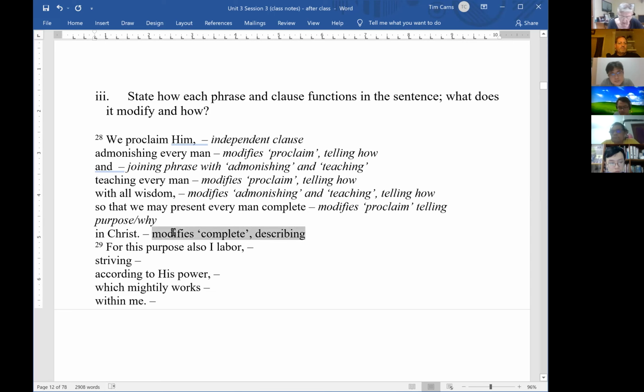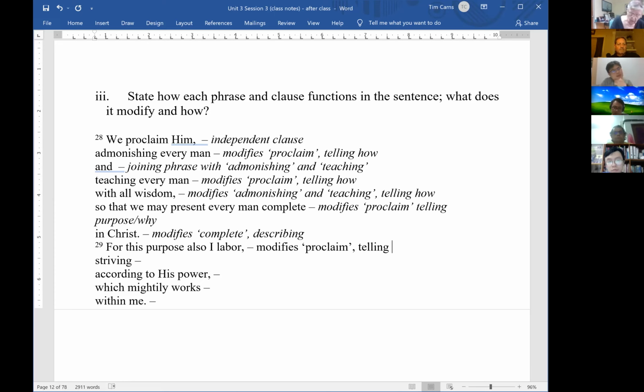Now, for this purpose I labor. For, again, is this purpose, then this purpose is of course the purpose of proclaiming. Yes. I think so. Or it could also be for the purpose of presenting every man complete.